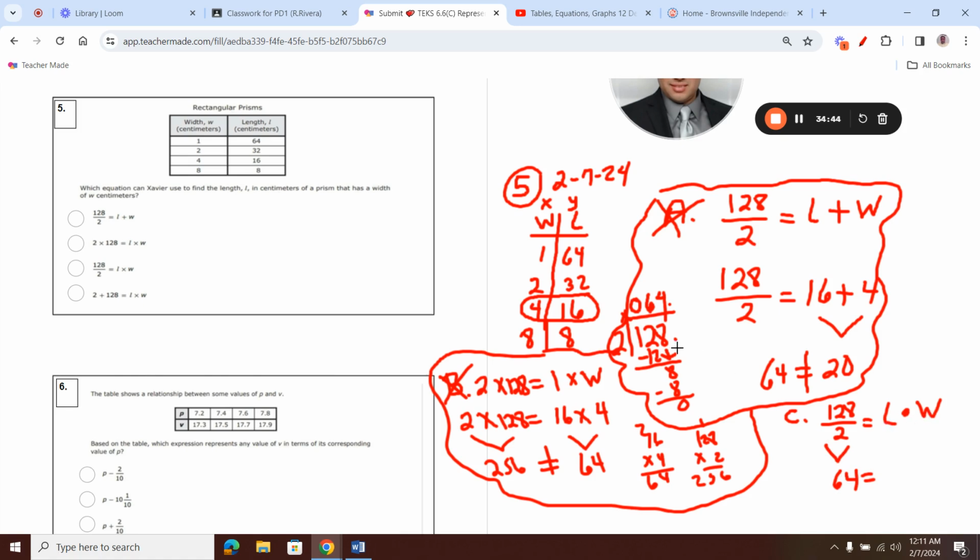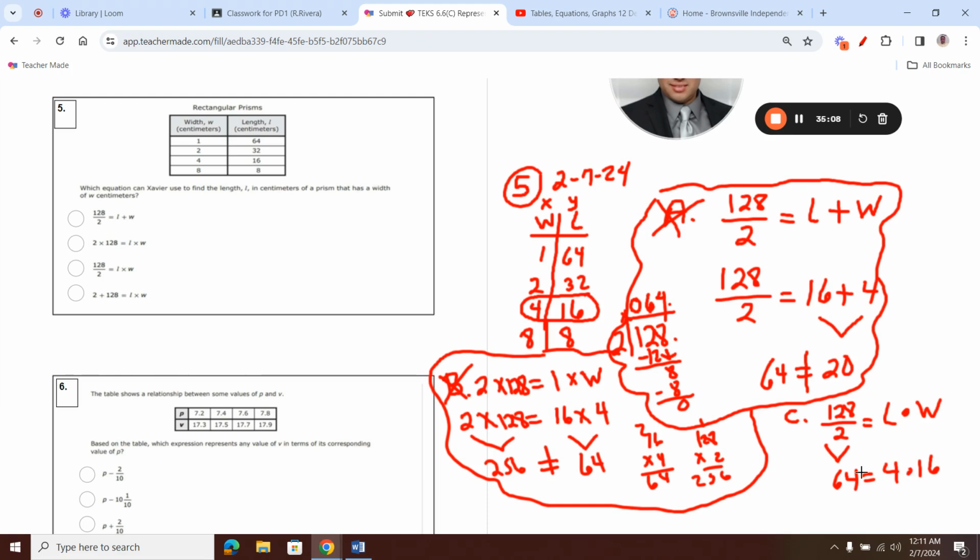Length times width, we're using the same one. So 4, not 4, 16 times 4. It doesn't matter. 4 times 16, you can reverse it. Really the L was 16 and the W was 4, but my bad. But it's okay because it's multiplying.